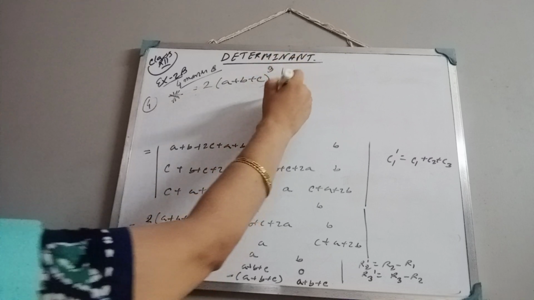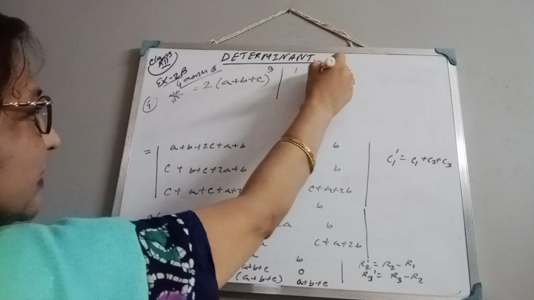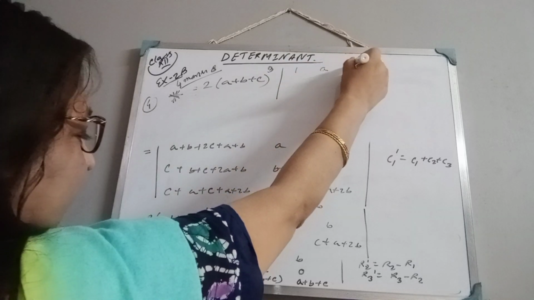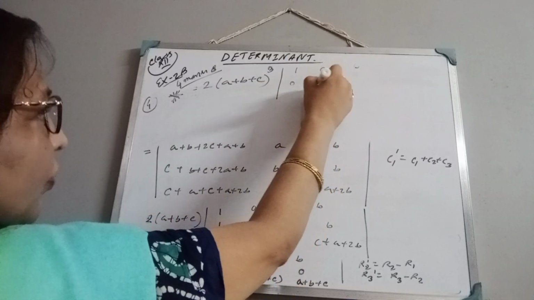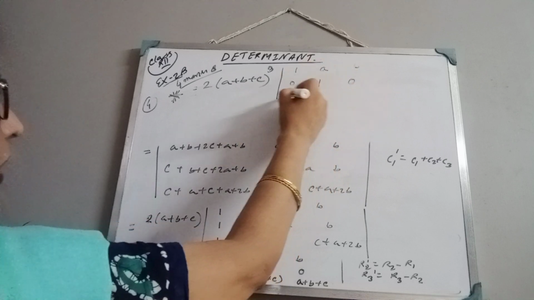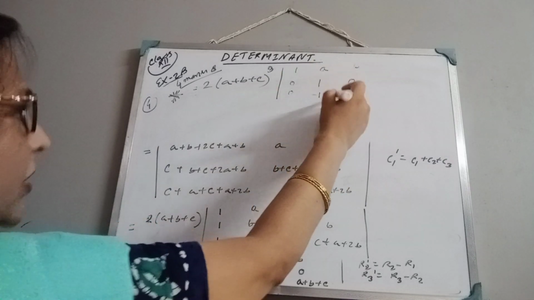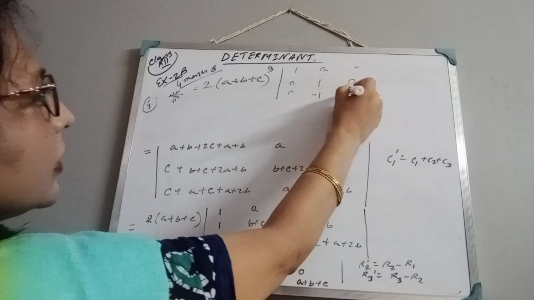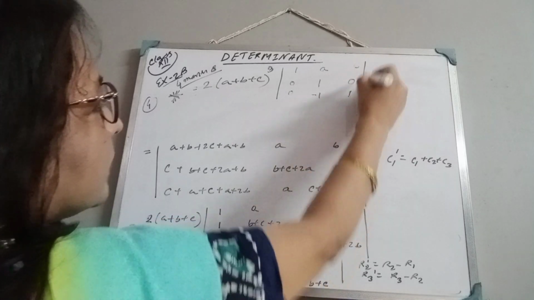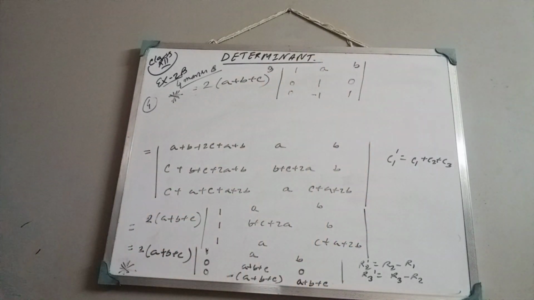And the determinant we will get is 1, A, B; 0, 1, 0; 0, minus 1, 1.